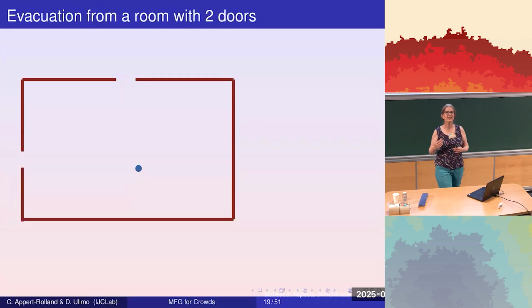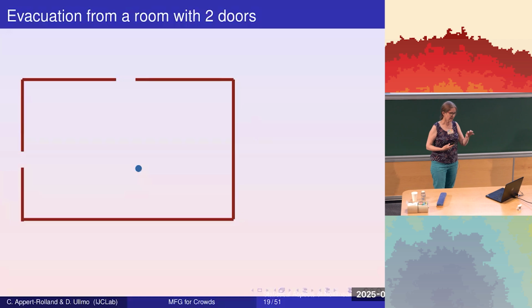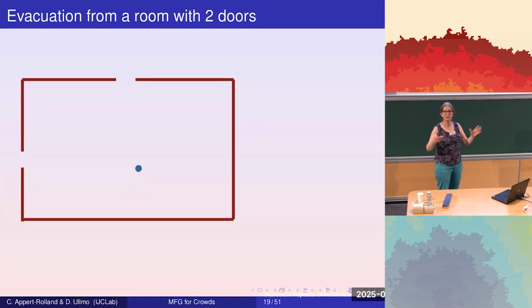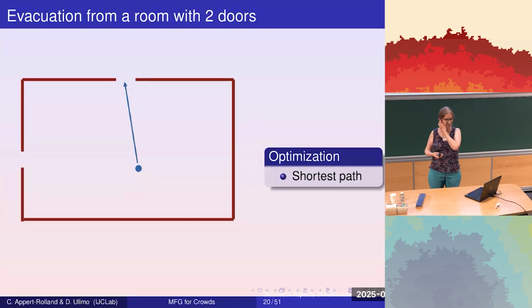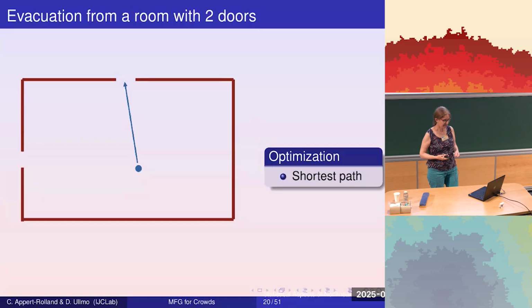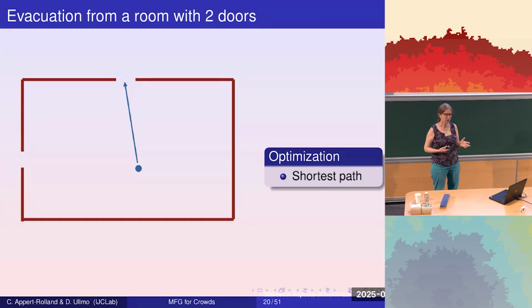So let's take a room with two doors, and we have the blue guy who wants to escape. The simplest thing, and there are models relying on this, is to assume he will take the shortest path.